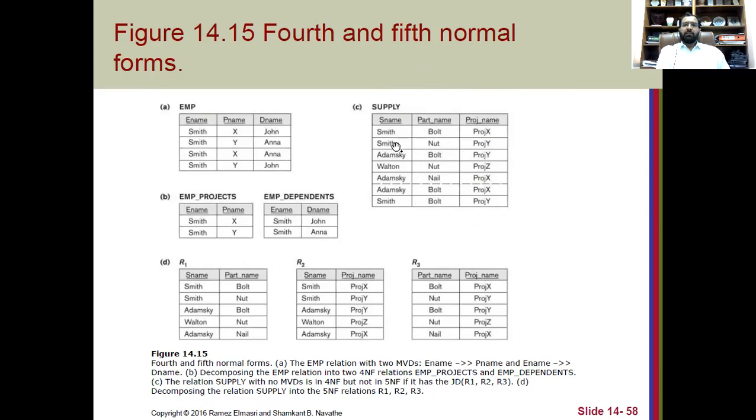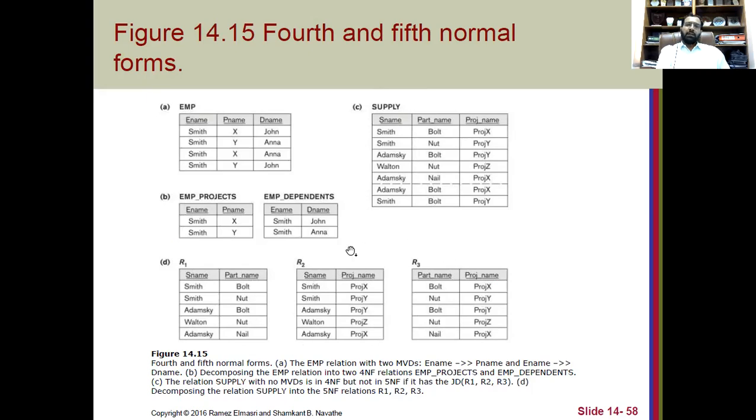So here Smith determines bolt, Smith determines nut, and Adamsky determines nail and Adamsky determines bolt. Again, there is a multi-value dependency. That is, we are talking about C. So there is a multi-value dependency. How can this be broken up? You can see that the relation is decomposed into three relations: S name and part name, S name and project name, and part name and project name.